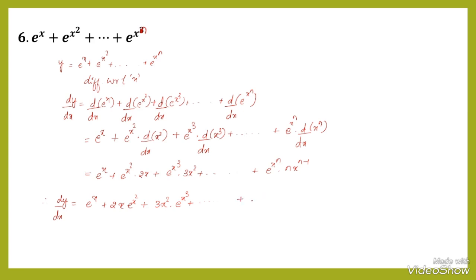Then the last term is n into x to the power n minus 1 into e to the power xn. This is the solution of the given problem.